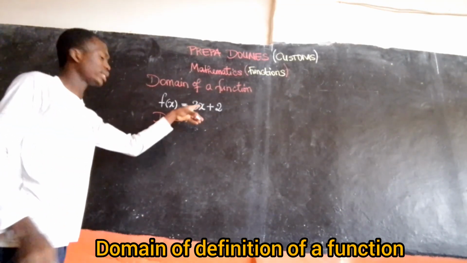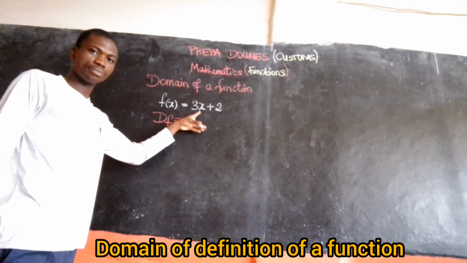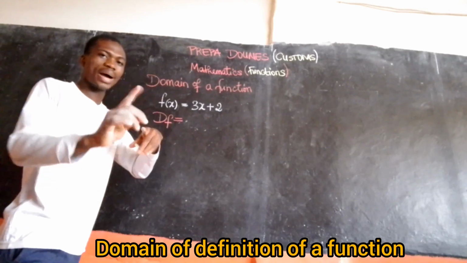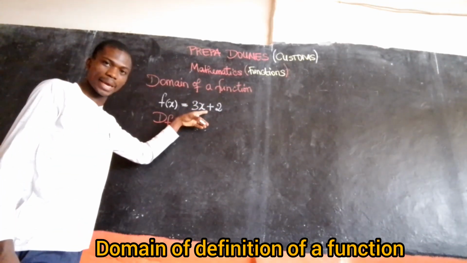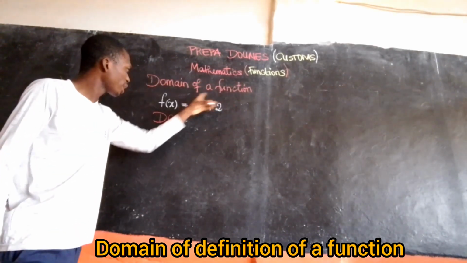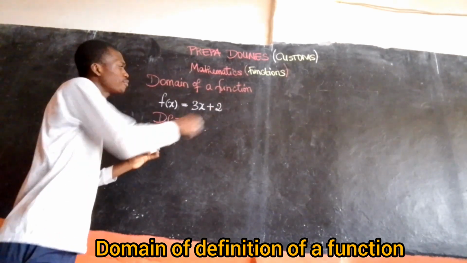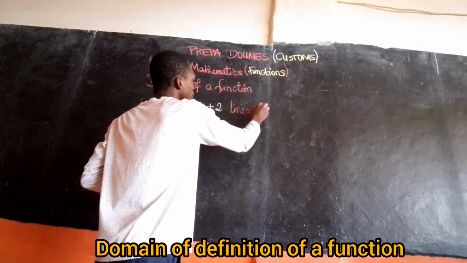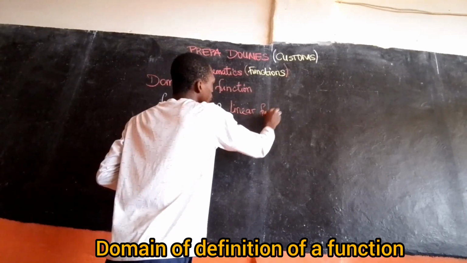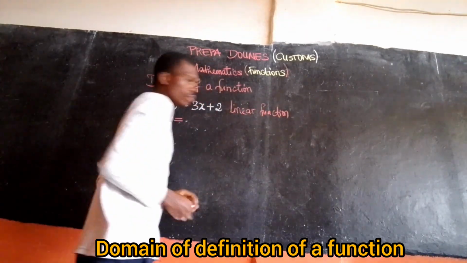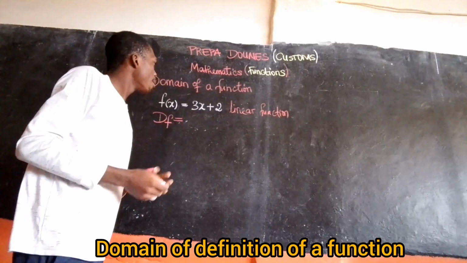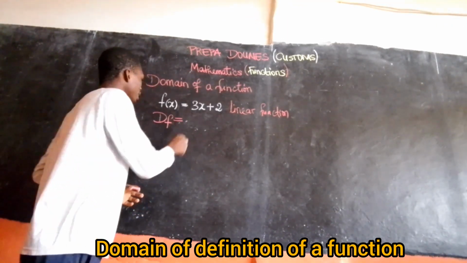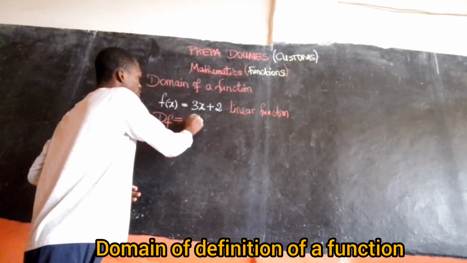Now, remember we are taking this as an example. You are going to realize that no matter the value of x you put in here, it is going to bring out a value because it's a linear function. This is an example of a linear function. And all linear functions are defined on a set of real numbers.